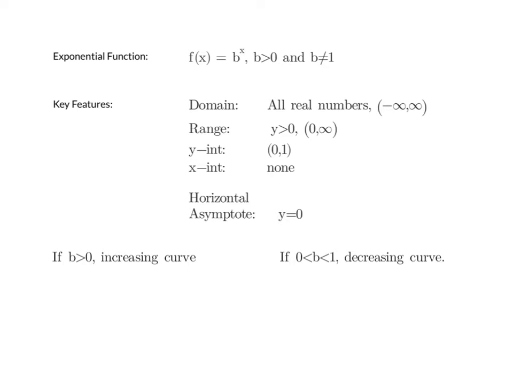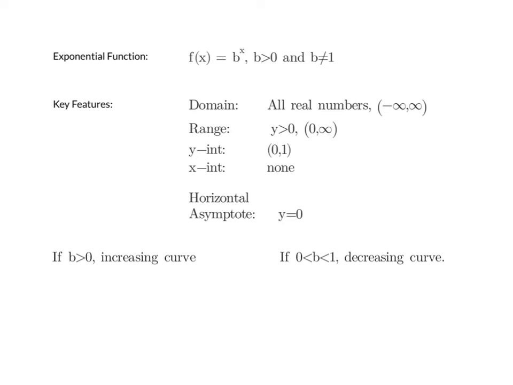Some key features of exponential functions. The first one we have is the domain of an exponential function is all real numbers. We can plug in anything that we want for x and get something back. In interval notation, this is negative infinity to positive infinity.